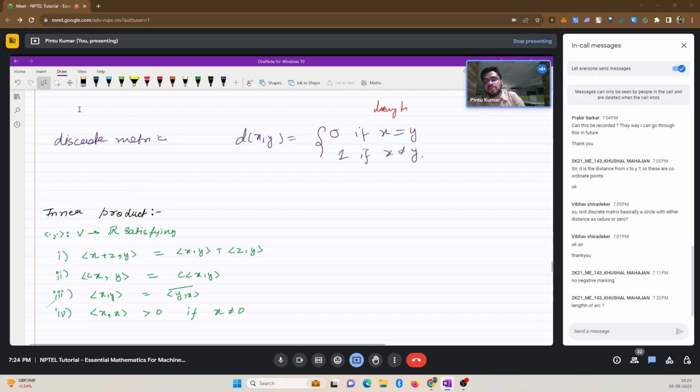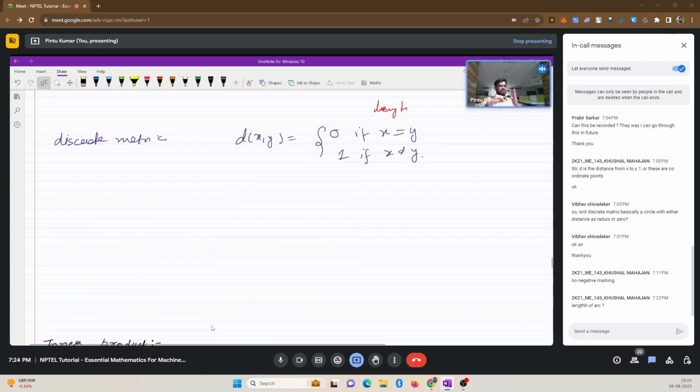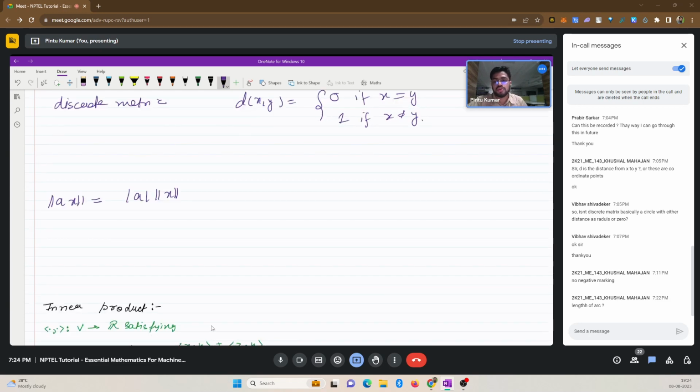Now think that if this was derived from a norm, then norm has this property, if you remember, that norm of ax is equal to mod of a times norm of x. Now let's say you have some distance between x and y.